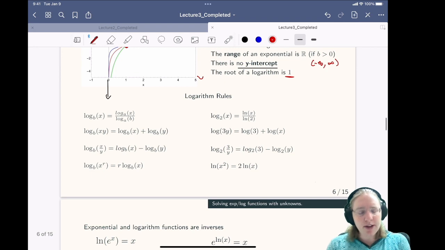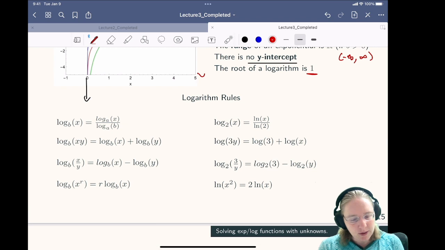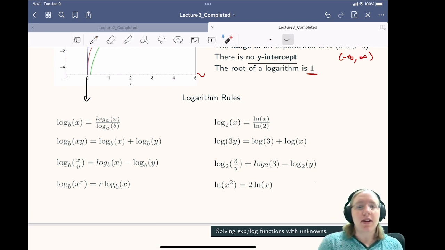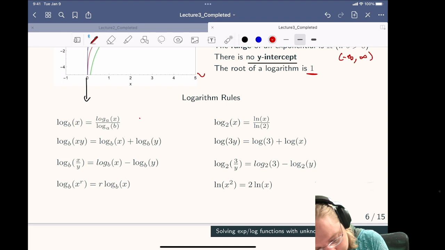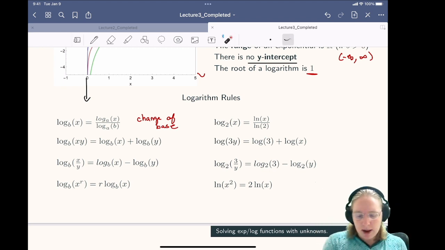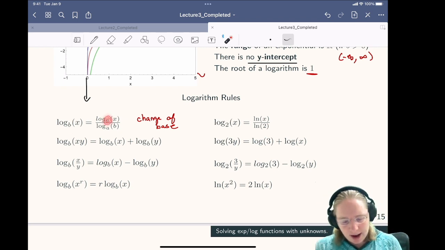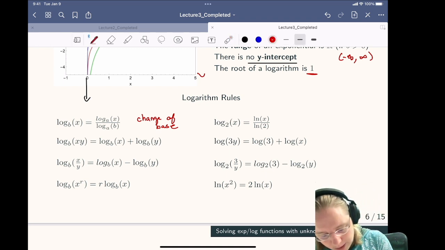Just like we have for exponentials, we have some rules for manipulating logarithms that are going to be helpful. The first of these is different between exponentials and logarithms, and that is known as the change of base. So we didn't have a change of base for an exponential, but we do for a logarithm. Oftentimes we aren't going to be happy with the base that we have, and so we want to turn it into a different base.